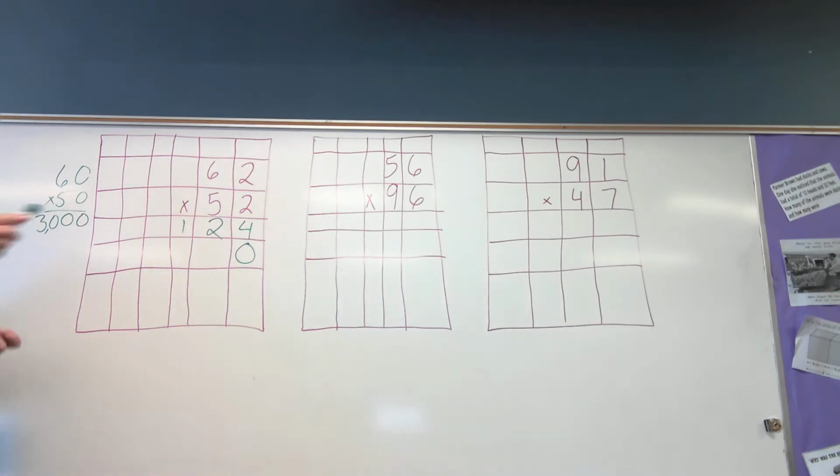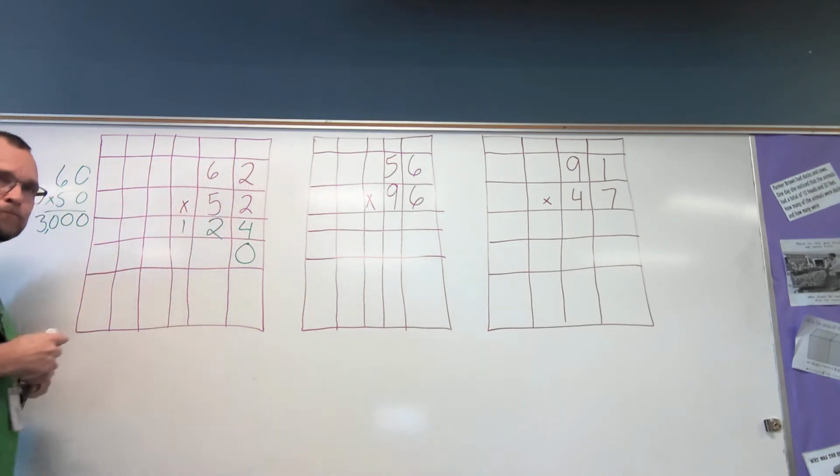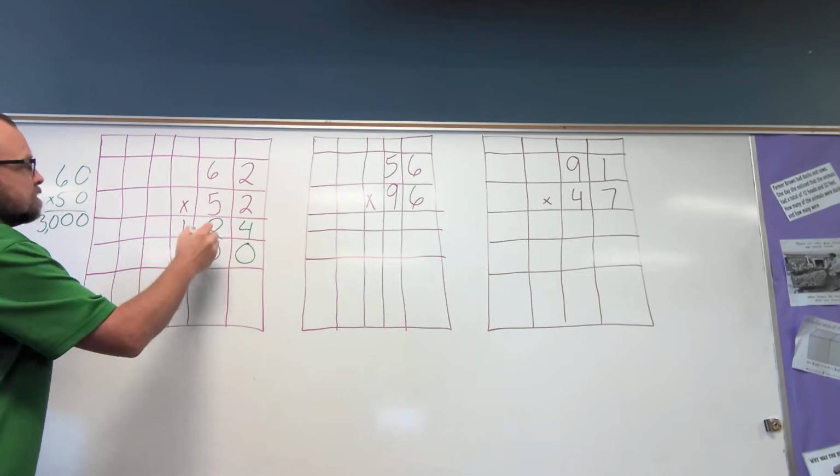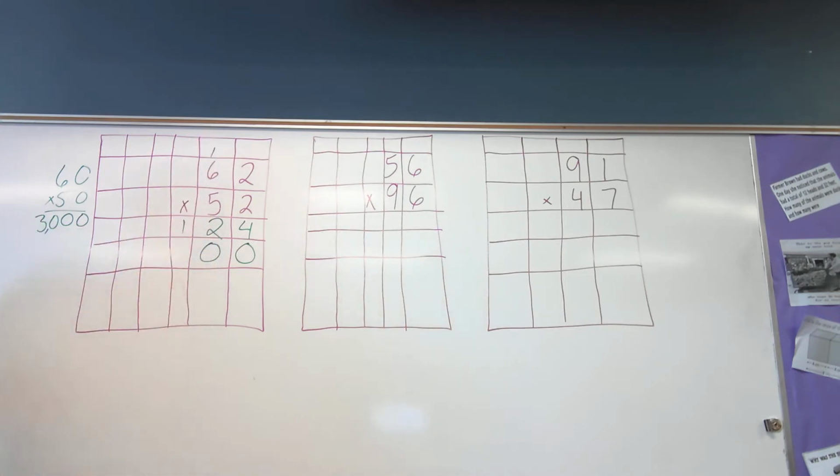Then I multiply my 5 through. 5 times 2 is? I have 10 10s. 10 10s is 0 10s and 100. 5 times 6 is? 30, and we had one that we had to regroup, 31. So my actual answer is 3,100.